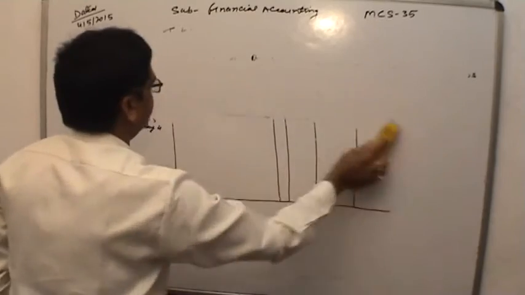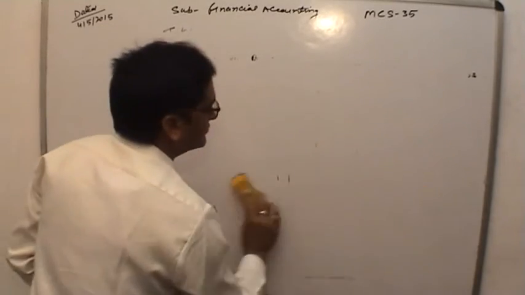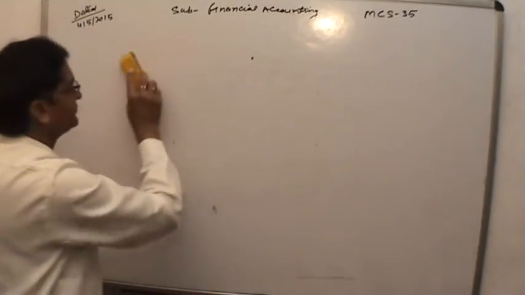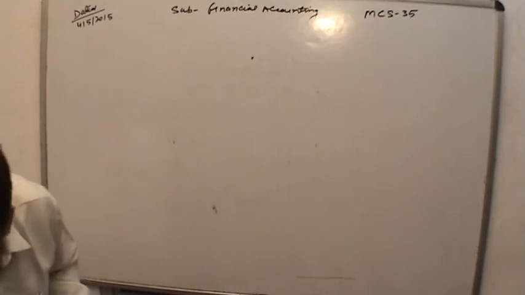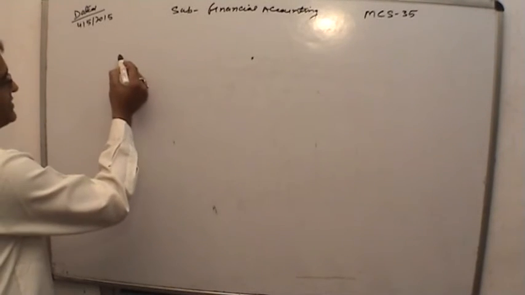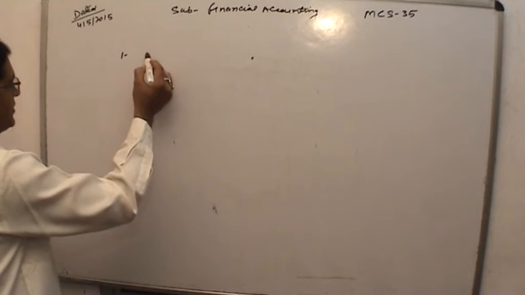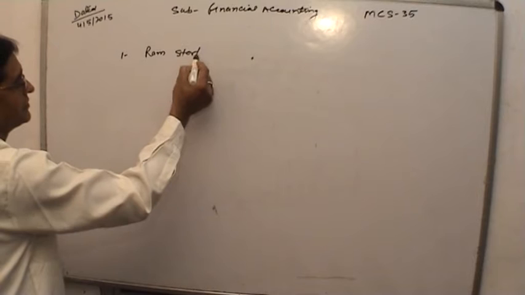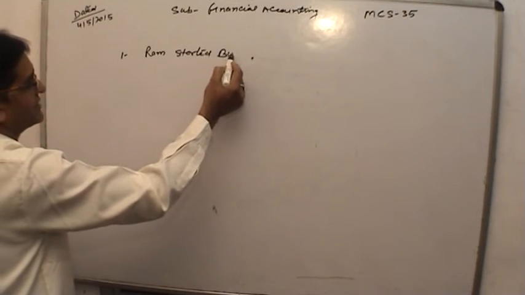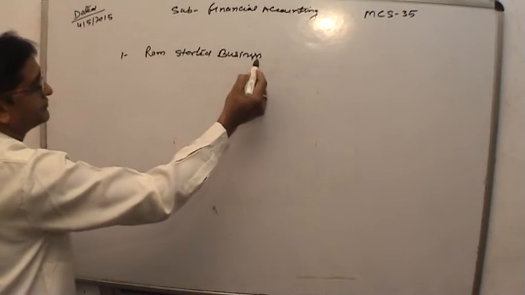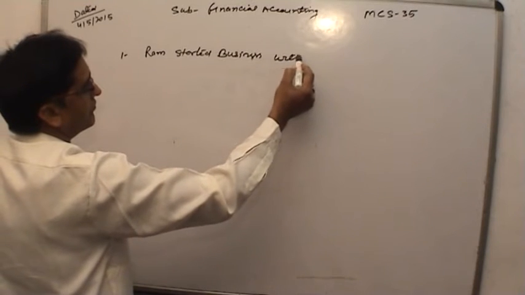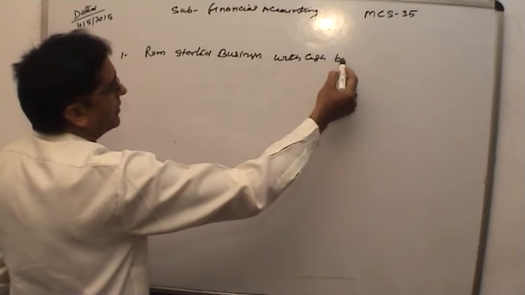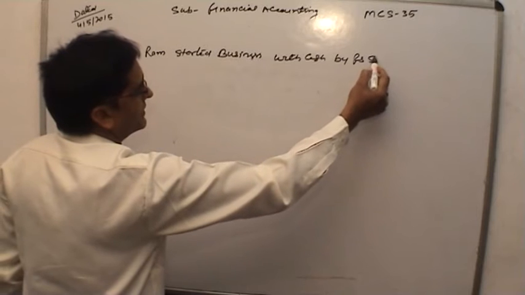Like first, transaction number 1, Ram started business with cash by rupees 5 lakhs.